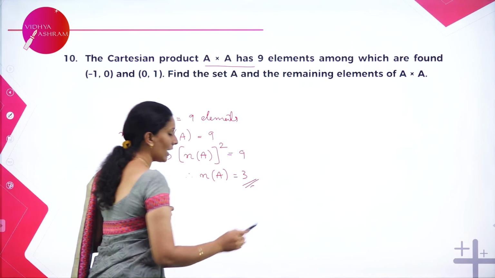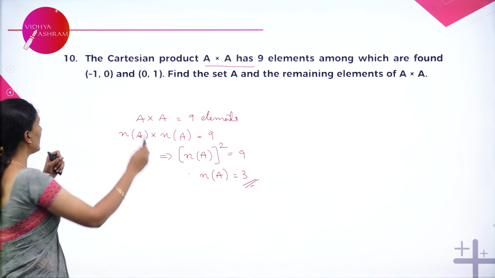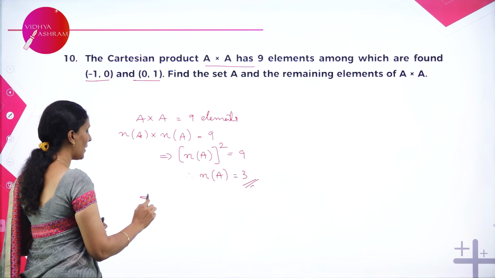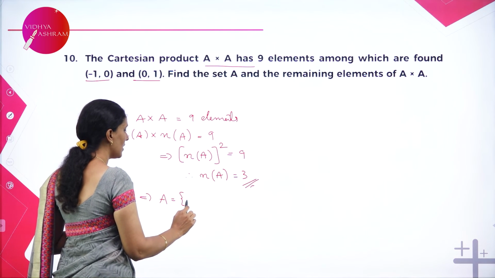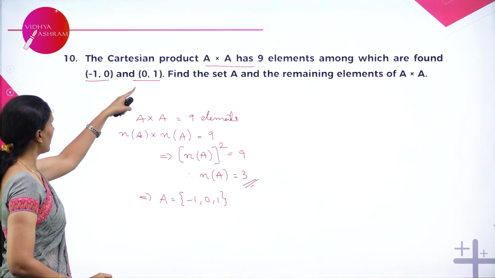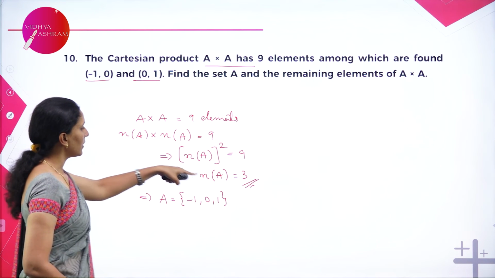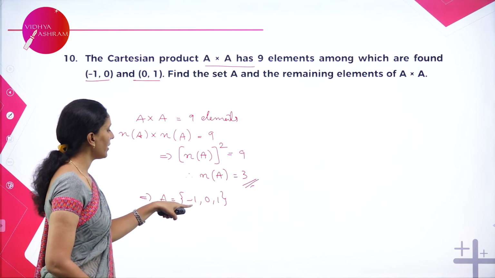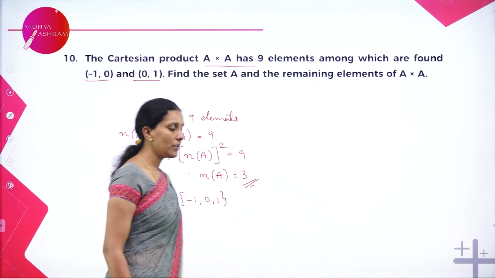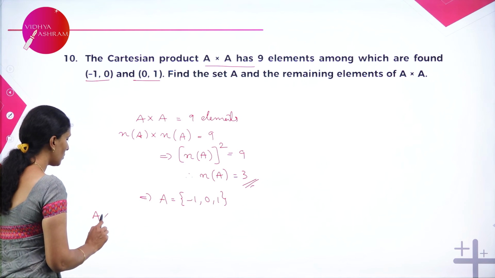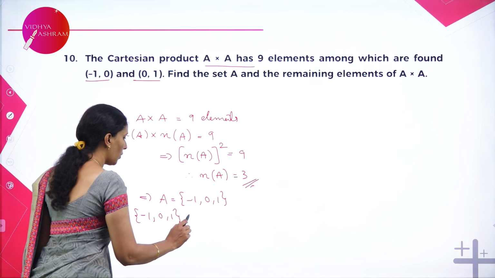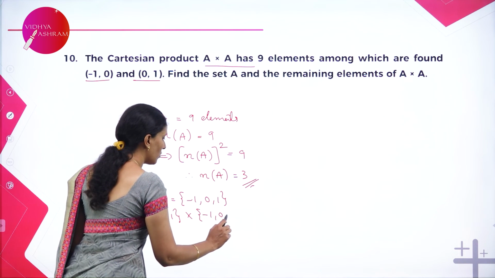So there are 3 elements inside the set A, and all the 3 elements we can find from the 2 ordered pairs. So this implies set A has the elements minus 1 comma 0 comma 1, because they have given the ordered pairs here. So A is equal to {-1, 0, 1}. Then we need to find the remaining elements of A cross A. So let us write A cross A now. A cross A means pairing the elements -1, 0, 1 with -1, 0, 1.